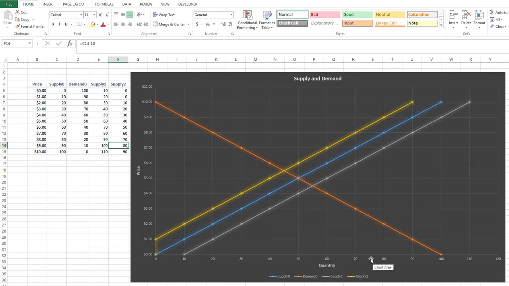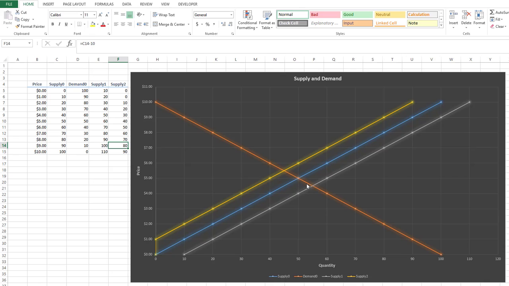But let's say that the power goes out and you can't use a power mixer, and you have to mix the dough by hand to bake the hamburger buns. In that case, since it's so much more labor intensive, you'd have to raise your prices. That means that at any given price point, you are now supplying fewer hamburgers at that price.